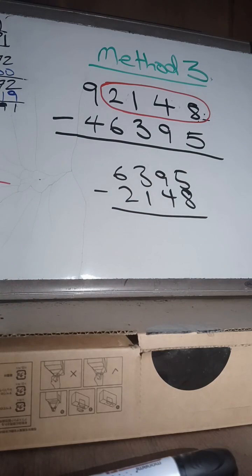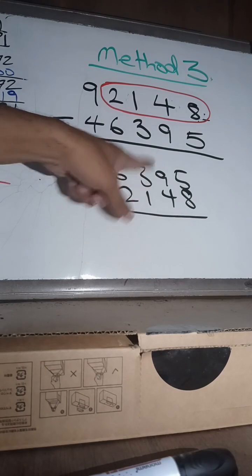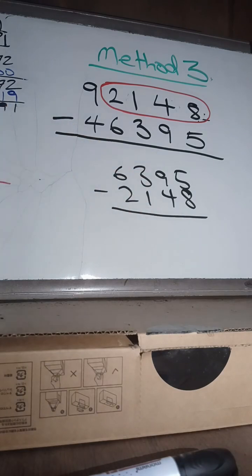This is one of those where you have to be careful with the borrowing method, and I'm trying to run away from borrowing because I don't like doing that, right? But this doesn't really matter because this one is bigger than that, this one bigger than that. So this is not really that difficult.